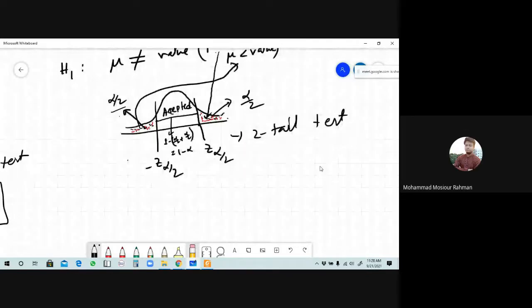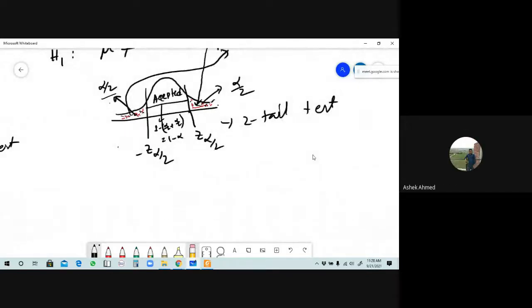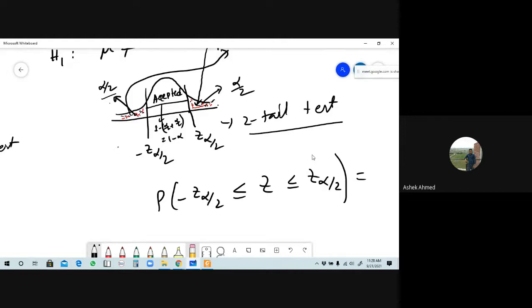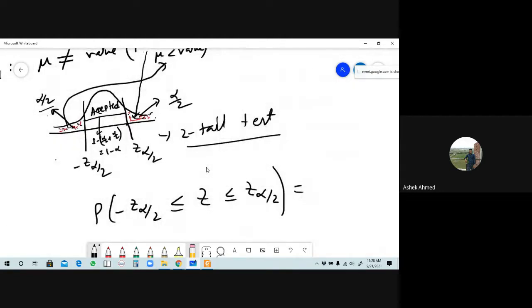For the two tail test we find the accepted region using the formula: probability of minus z suffix alpha by 2 is less than or equal to capital Z less than or equal to z suffix alpha by 2. Can you remember the formula? From here we can determine the accepted region: the area 1 minus alpha lies from minus z alpha by 2 to plus z alpha by 2. Its area is 1 minus alpha.